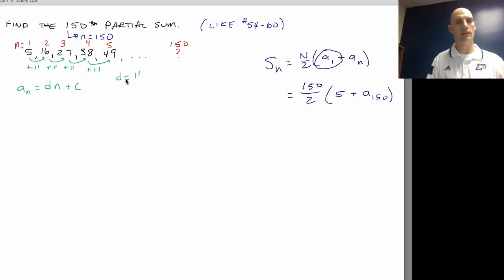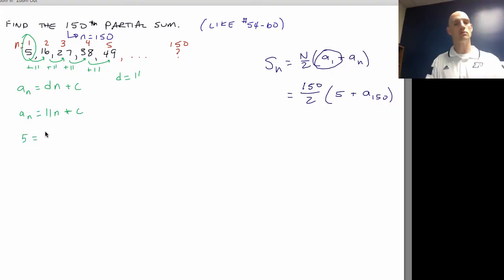So I'm going to fill that in. And I've got 11 times n plus c. So as we look at this, what do I need to fill in to be able to find this constant? Well, I've got to fill in a term. So I'm going to pick this one. And so a sub n is 5. That's my term.